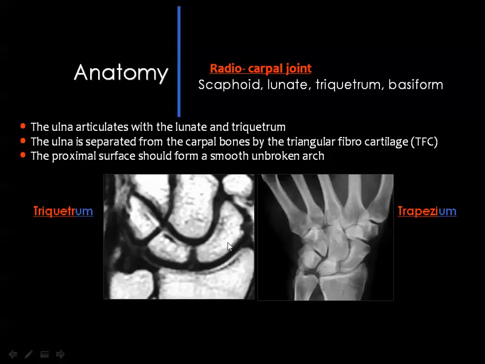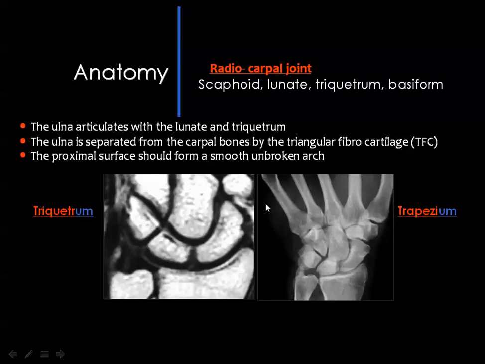Next to the scaphoid is the lunate bone, then the triquetral. The pisiform is here, but it does not appear because it is not on the same plane of these carpal bones. You can appreciate the pisiform in the plain X-ray. Then the last bone in this row, according to MRI, is the triquetrum, which ends with the letters UM.